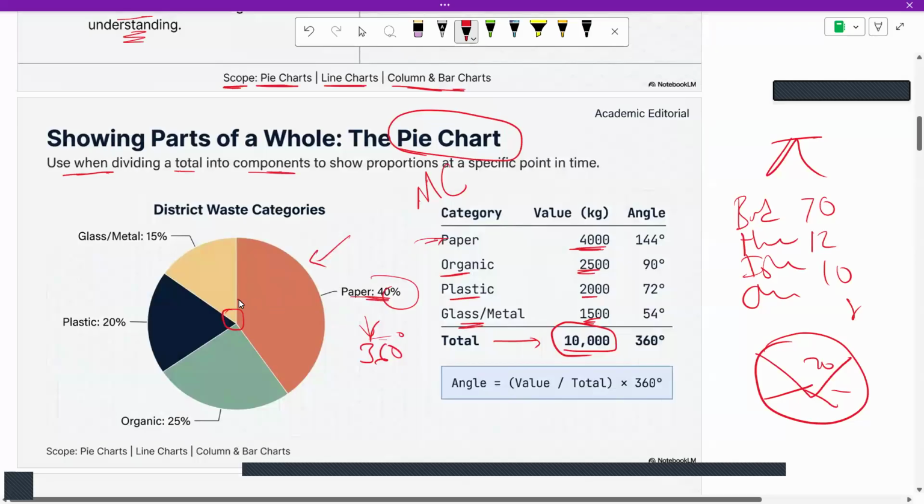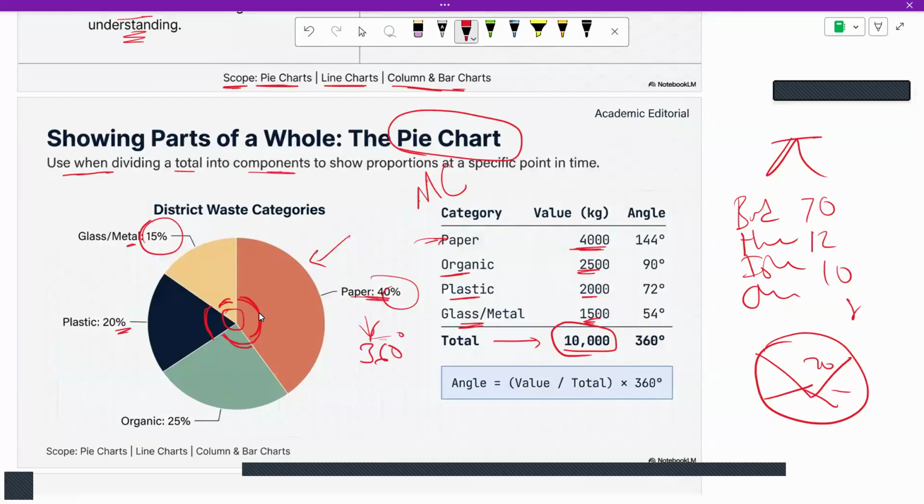So how do we decide this angle? And metal and glass represent 15%. Then how do we decide plastic, and how do we decide organic? So there is an angle, and when we correctly calculate the angle, it is easy for us to draw this kind of chart.